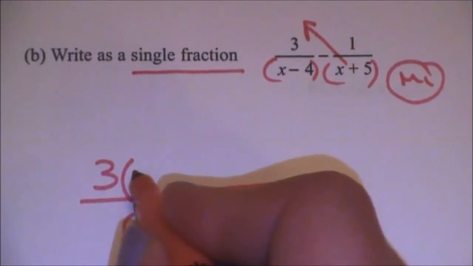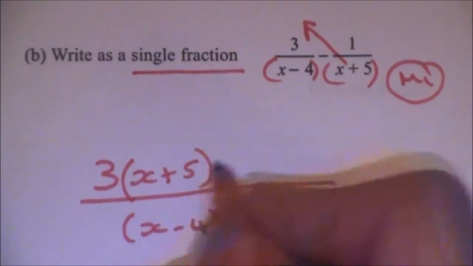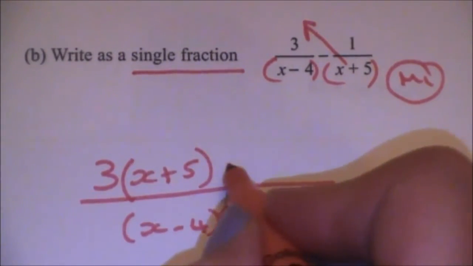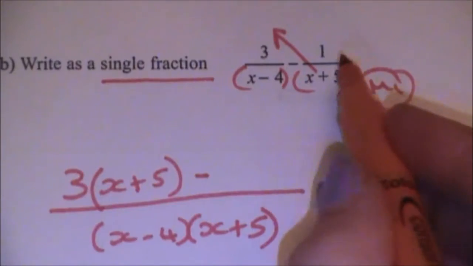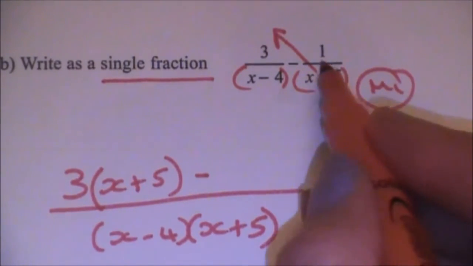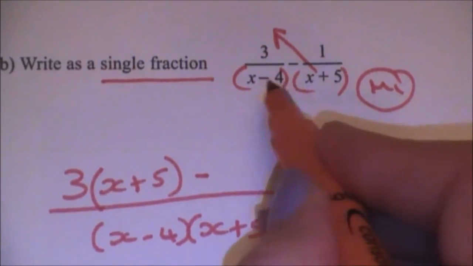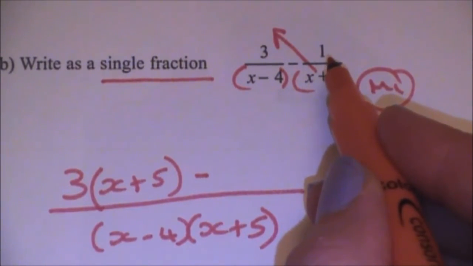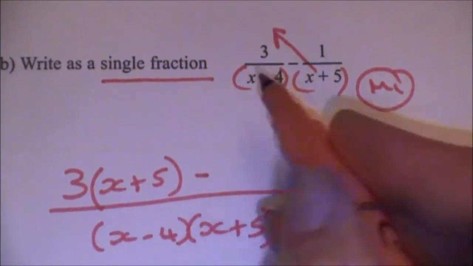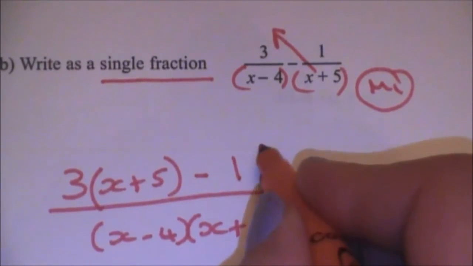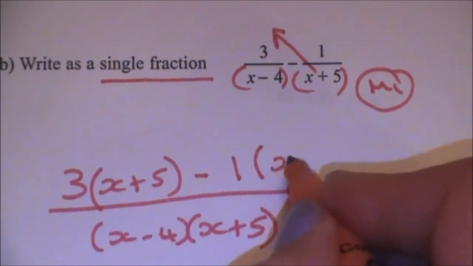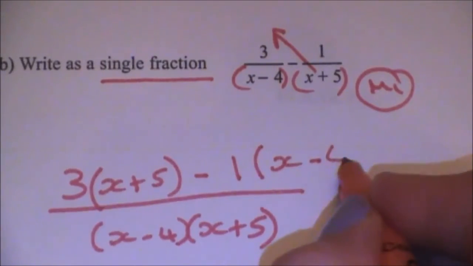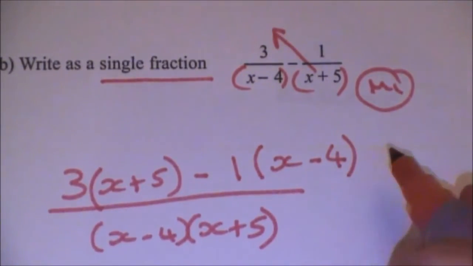So I end up with 3 open bracket x plus 5, close that off, take away, and I had a 1 there. I multiplied the bottom by x minus 4, so I have to multiply that by x minus 4. So I'm going to call that minus 1 open bracket x minus 4.